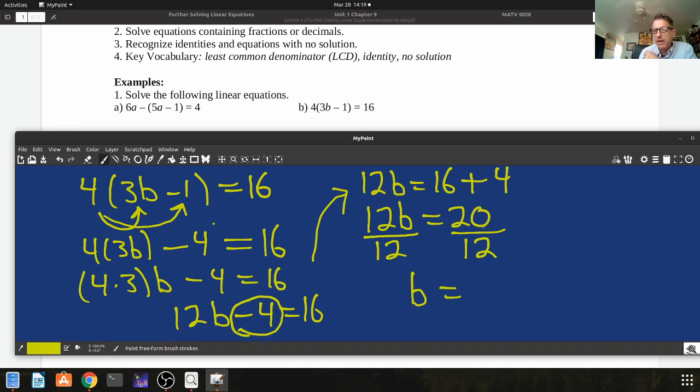And now all I have to do is reduce 20 divided by 12. Dividing 20 by 4 gives me 5, and dividing 12 by 4 gives me 3, and that's my final answer right there. b is equal to 5/3.